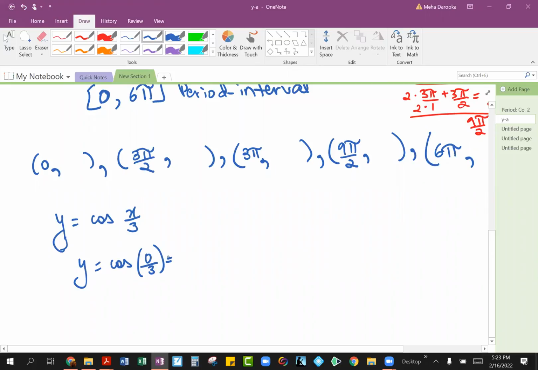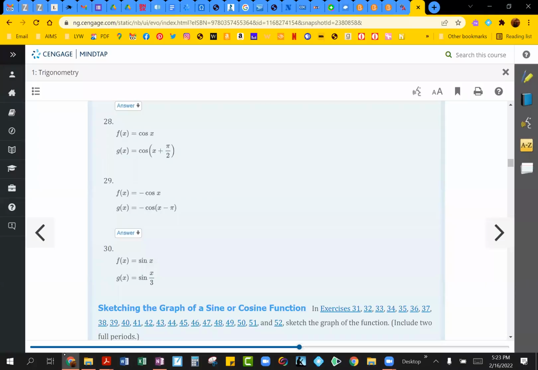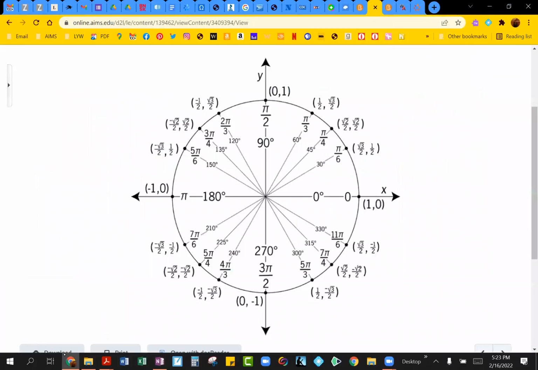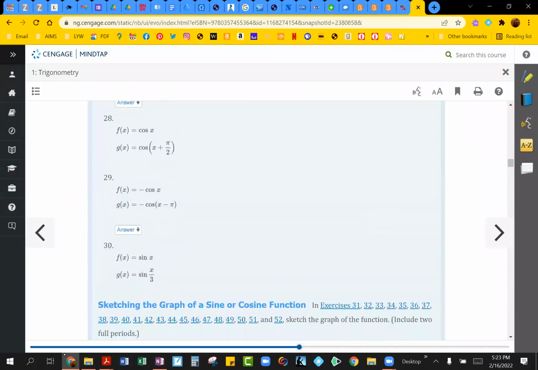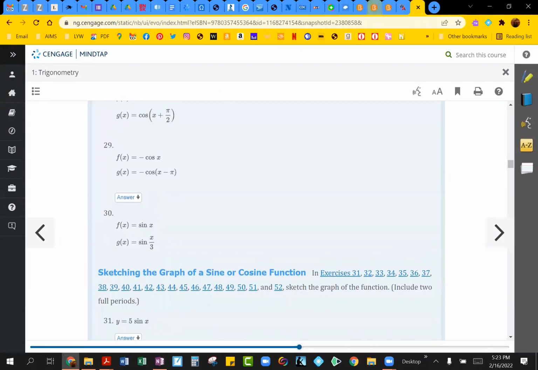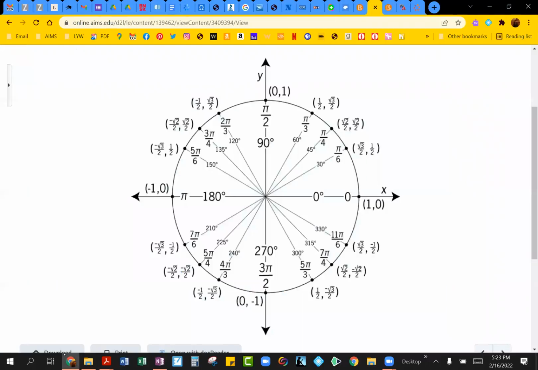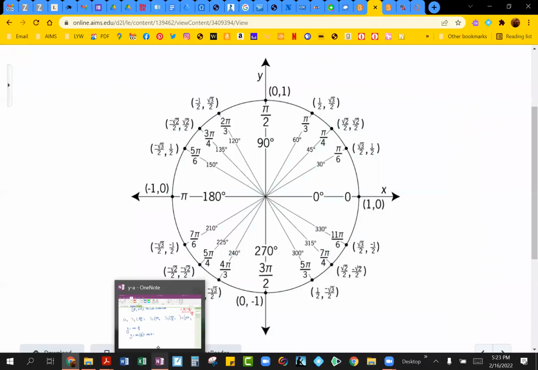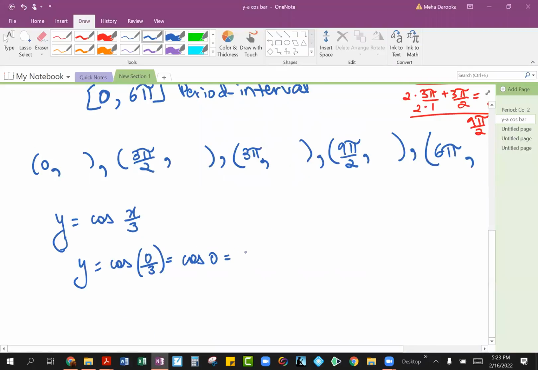So cosine of 0 over 3, which is cosine of 0, what will we have for this guy? And obviously you can always go back to your unit circle for this case. So cosine of 0 is 1. 1. Very nice, Lucy.